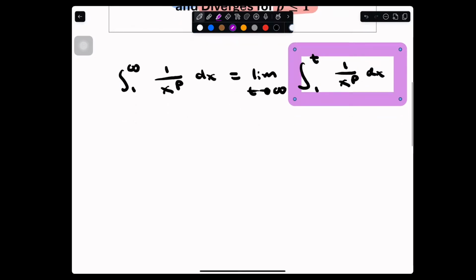So we're going to focus on this particular integral here. From 1 to t, I write it as x to the minus p dx. Okay.